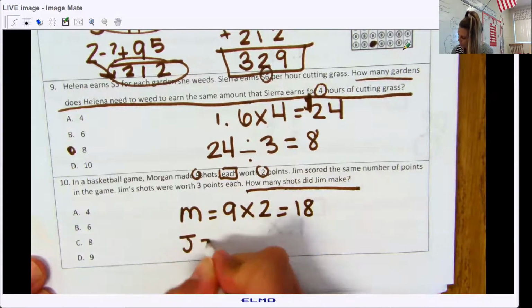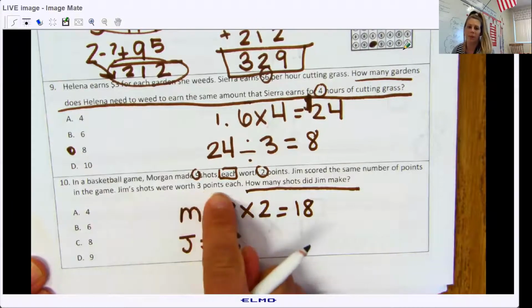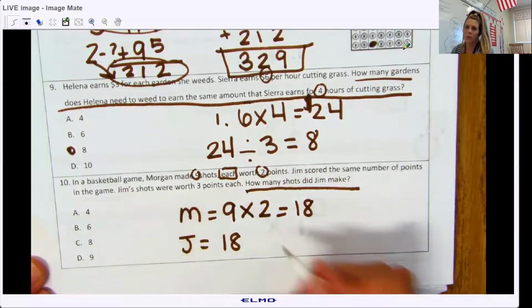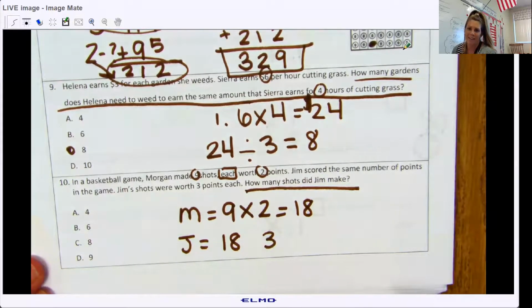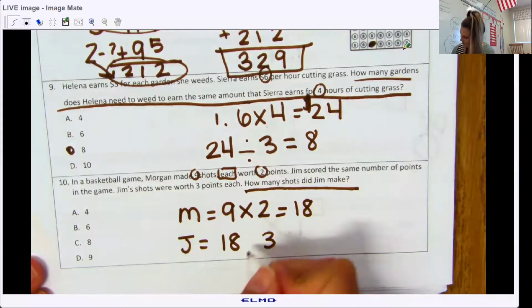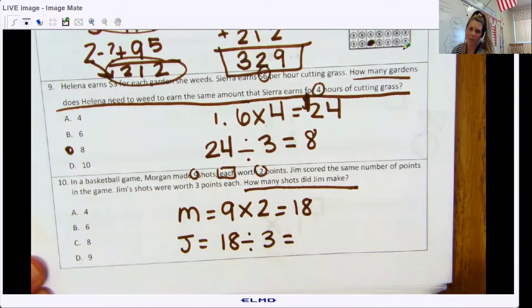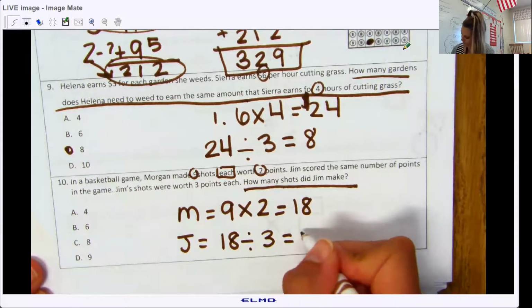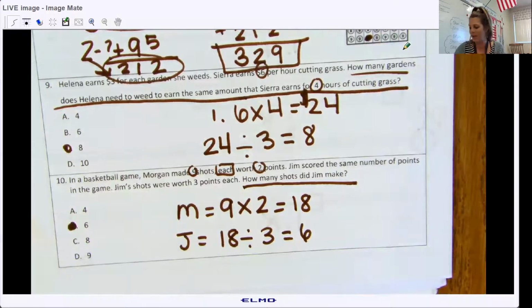So Jim scored 18 too, but his shots were worth 3 points. So if we have 18 and 3, what are we going to do with that? We're going to divide. And when you divide 18 divided by 3, what do you get? You get 6, my friends. Hopefully you got that right.